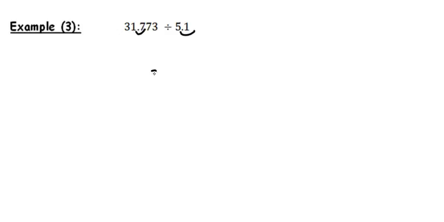So we have 117 and 73 hundredths divided by 51. 51 doesn't fit into 3. 51 does not fit into 31 either. So we must go one place value further and ask how many times does 51 fit into 317. It fits in there 6 times.